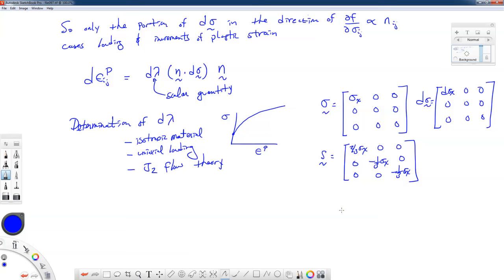where we can find our components of n based on deviatoric stresses. Let's write it this way: Sij divided by square root of 2/3 sigma naught, and we are just at the onset of yielding.